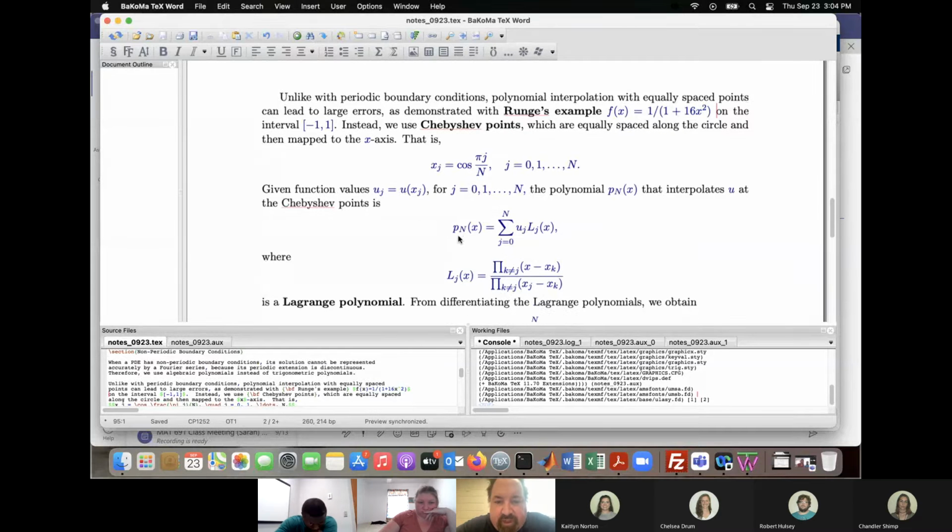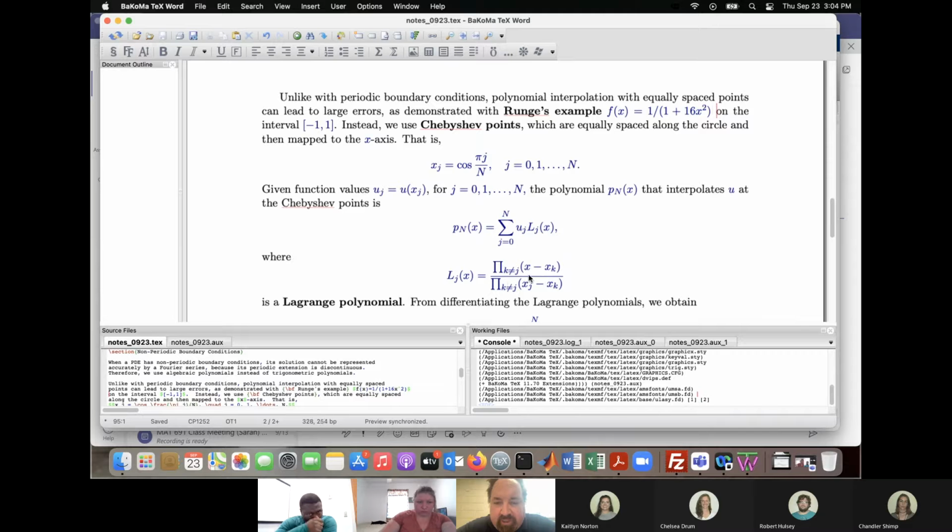So now what I can do is represent the interpolating polynomial in Lagrange form. Lagrange polynomials, you may recall from other classes, are polynomials that, if I plug in any of the interpolation points, any of these Chebyshev points, are equal to 0 when k is not equal to j, and equal to 1 when k is equal to j.